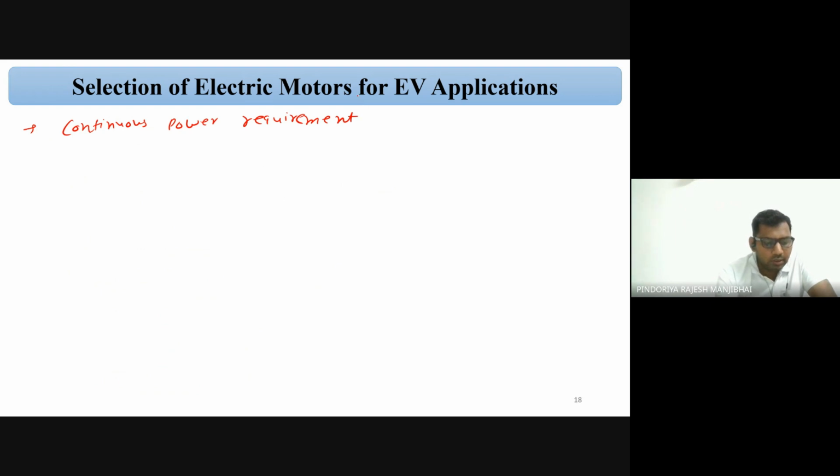Continuous power requirement, again you can consider the same process for maybe 100 kilometer per hour, correct? Same process we have to repeat, correct?